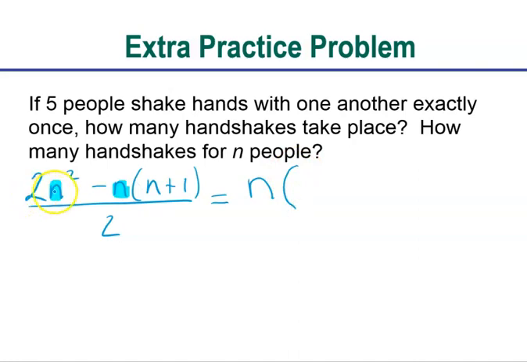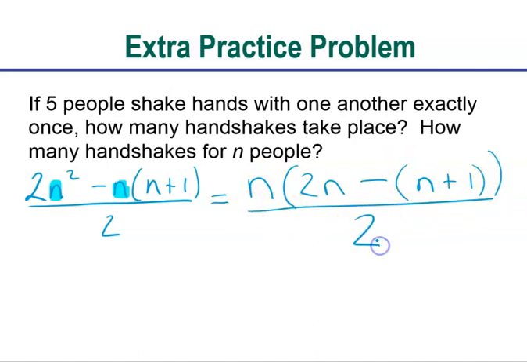The 2 and one of those n's is still there. Remember, n times 2n would give me 2n squared. Now, this n is also out front. So minus n plus 1, and that's over 2. So I just pulled that n out. That left me with a 2n here, and then an n plus 1.